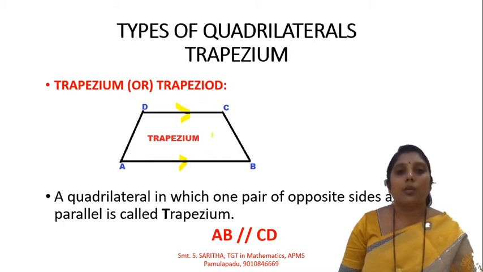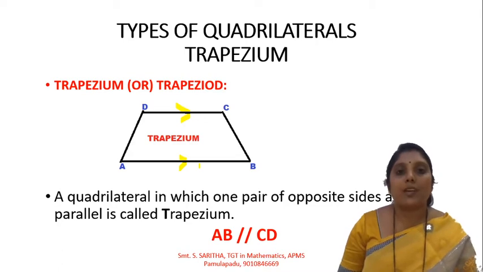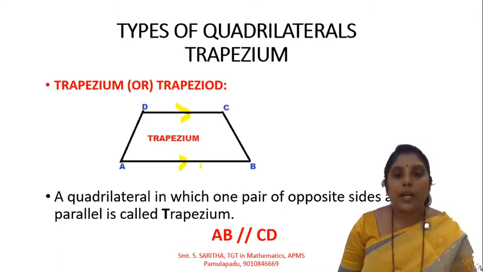Observe here, only one pair of opposite sides are parallel. These are non-parallel sides. If one pair of opposite sides in a quadrilateral are parallel, such a quadrilateral is called a trapezium. So, a trapezium is a quadrilateral in which one pair of opposite sides are parallel.